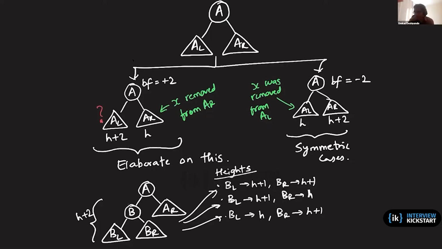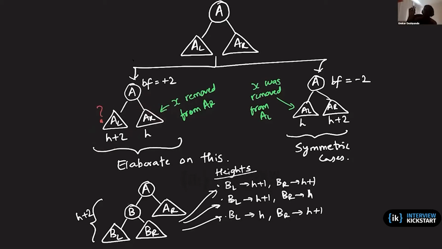Yeah. So basically you're removing X from the A sub R of the left side. And we are looking at the left side in more detail. We are saying we don't need to look at the right side separately because it's just symmetric. Now, the removal of X caused this imbalance. So we are now actually looking not at the side from which X was deleted.